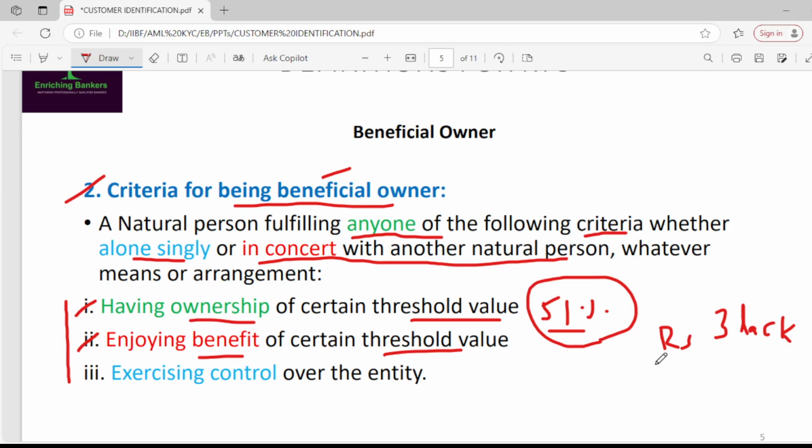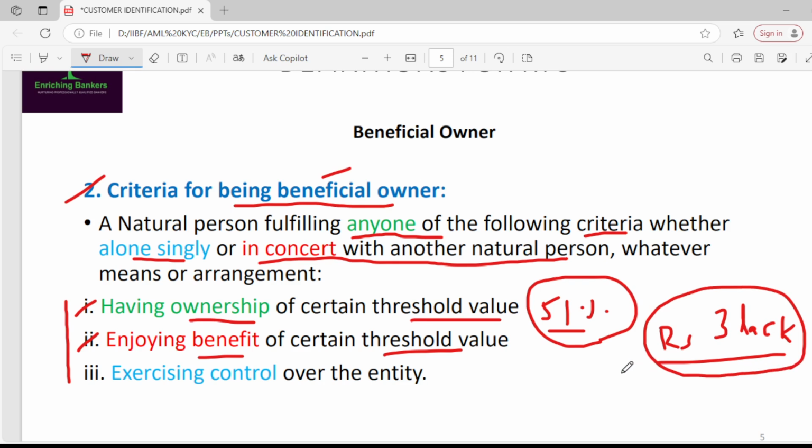If the annual income crosses 3 lakh rupees, then income tax should be paid. So here 3 lakhs is the threshold value.